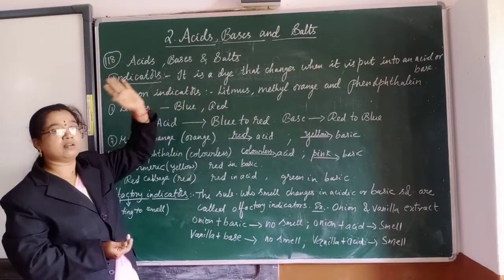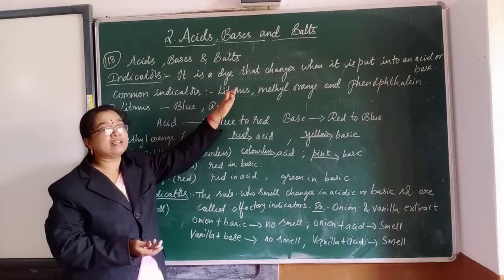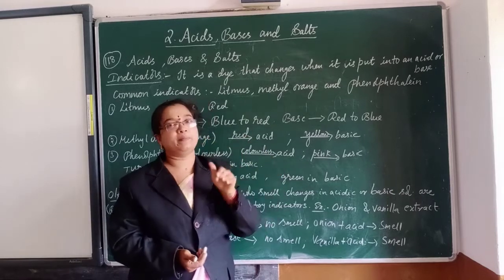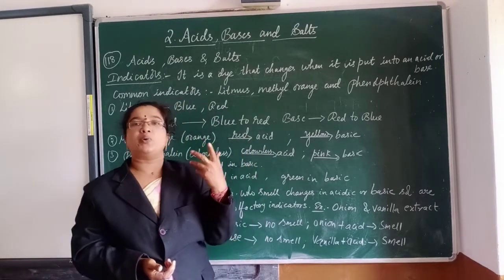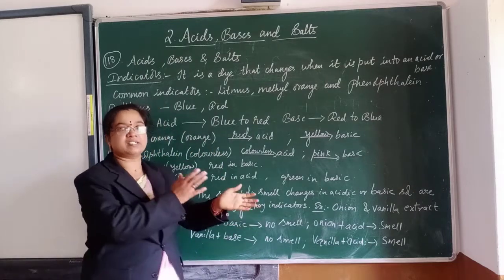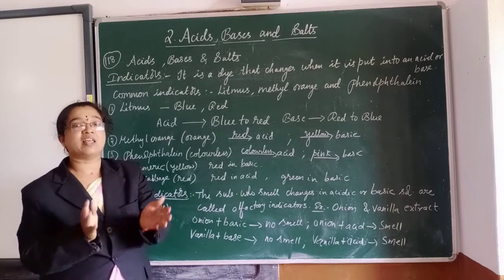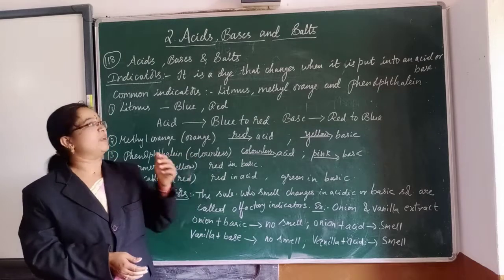So if we add that indicator to any acid or base and it changes from one particular color to another, then we can differentiate whether the substance is an acid or a base.